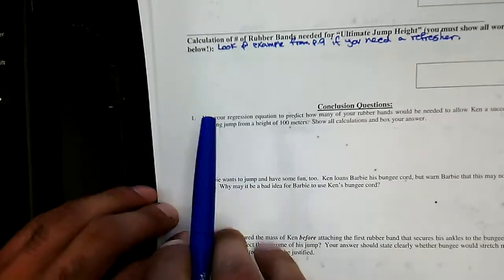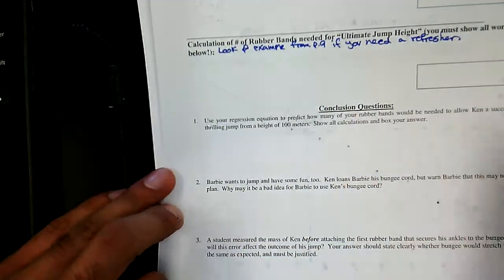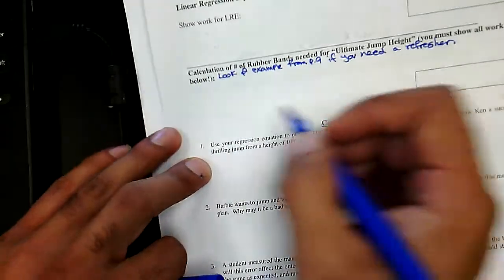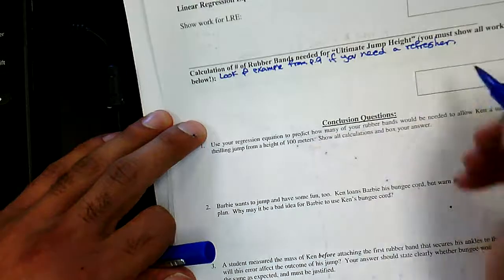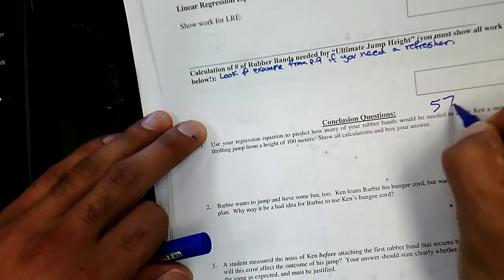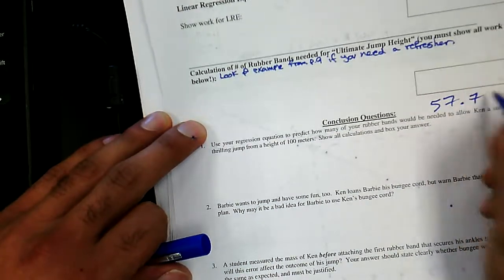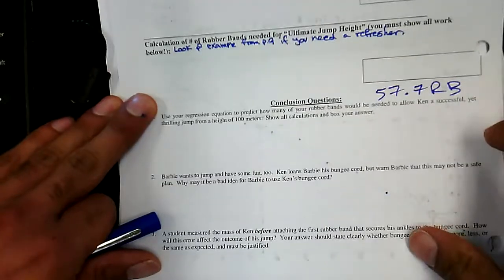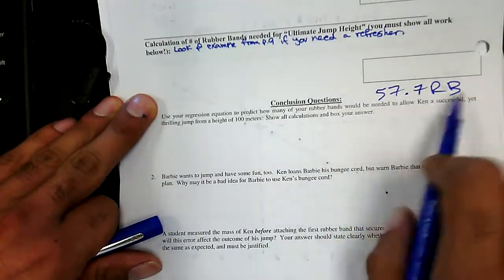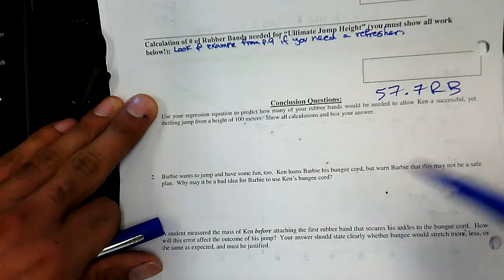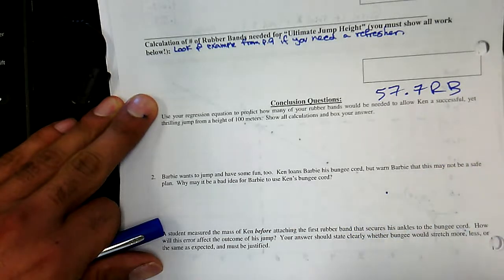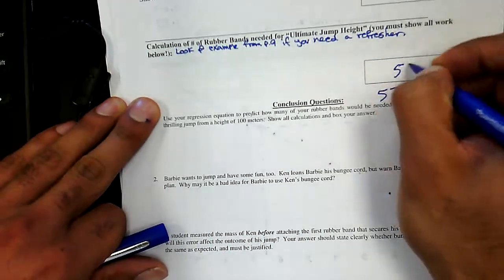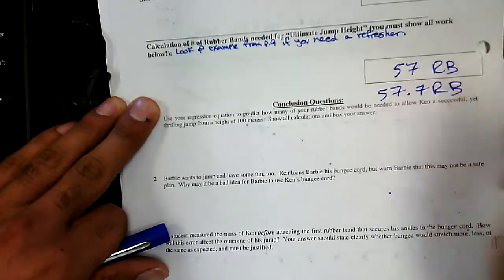Now, as far as the question for rubber bands goes, let's just say theoretically, what if you get an odd decimal? Let's say you put your answer as 57.7 rubber bands. Remember, this is for a safety issue, so you never want to round up on this. It's better to go lower and play on the safe side so that the bands don't stretch out too far. So in this case, you would put 57 rubber bands.